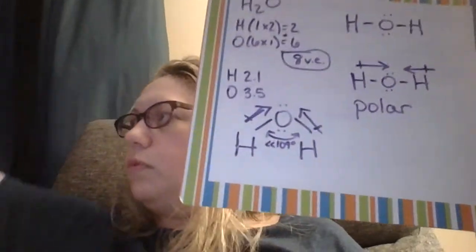And now we're going to move on to the next page where we completed this chart. So for group 1A, we were given the element lithium, and it has 1 valence electron, and its Lewis dot structure is Li with 1 dot.